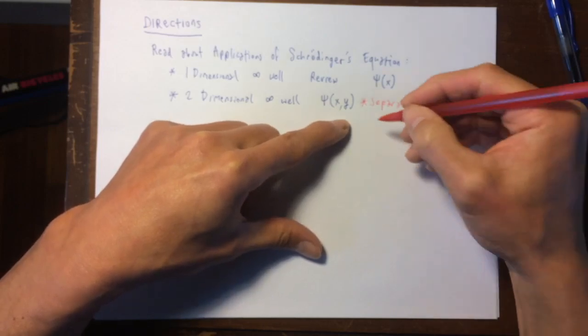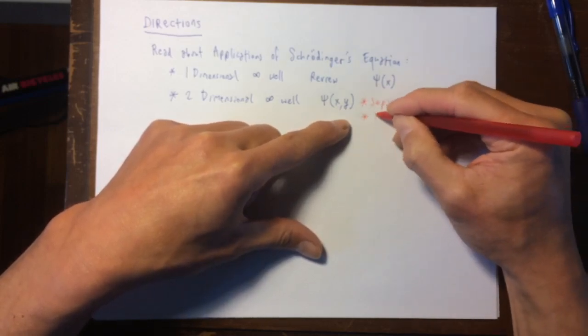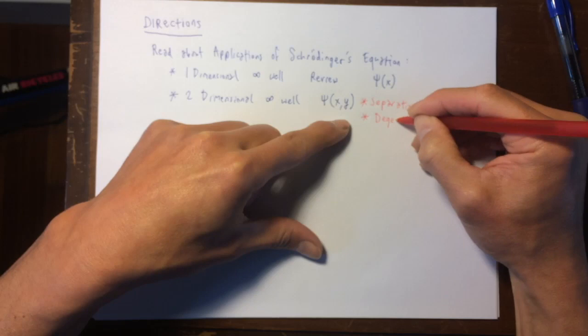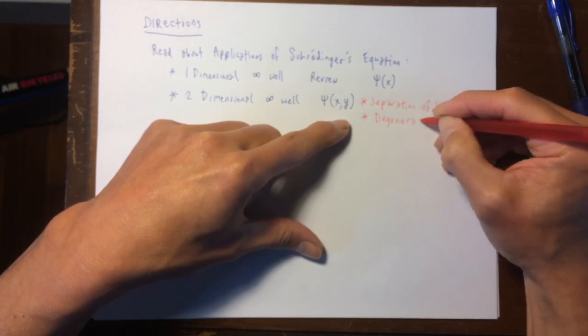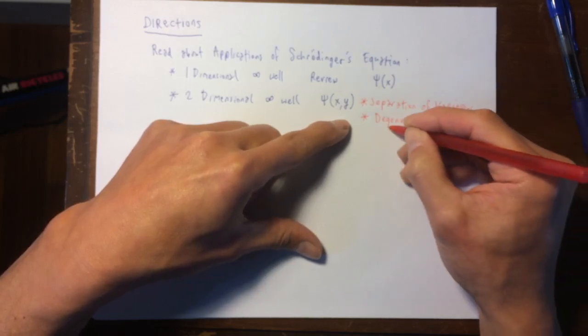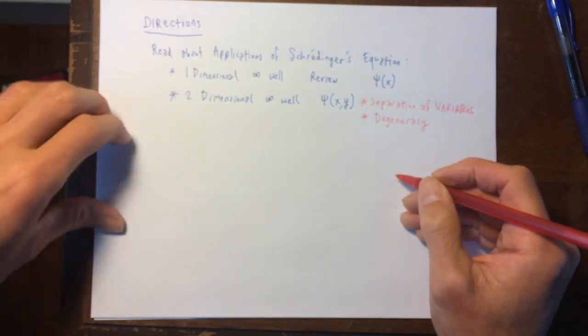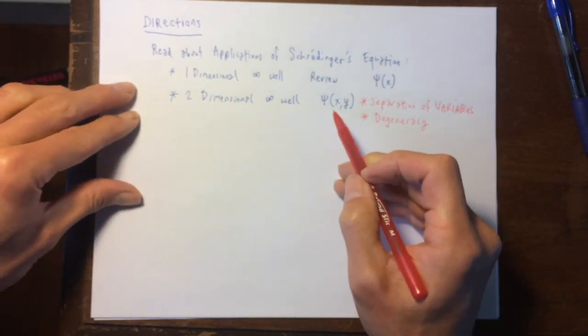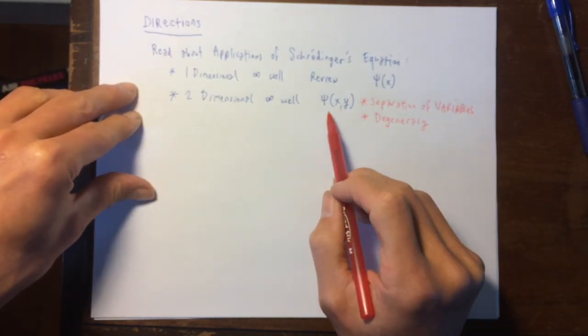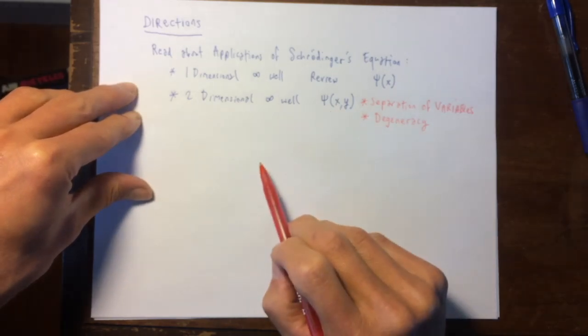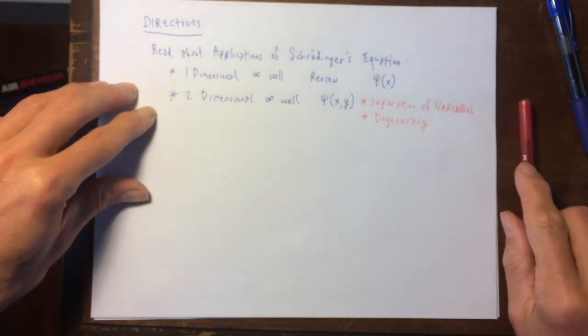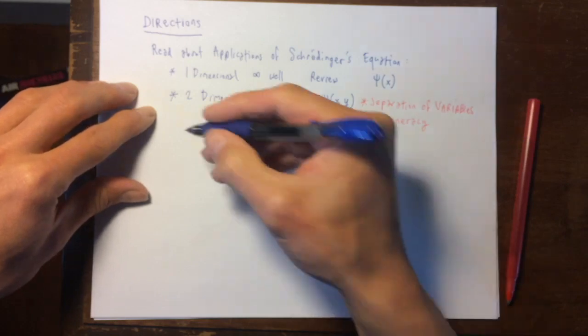And something else that's new that shows up is called degeneracy. In particular, it's the degeneracy of the energy value, or the allowed energy level values. So, two-dimensional infinitely deep well.